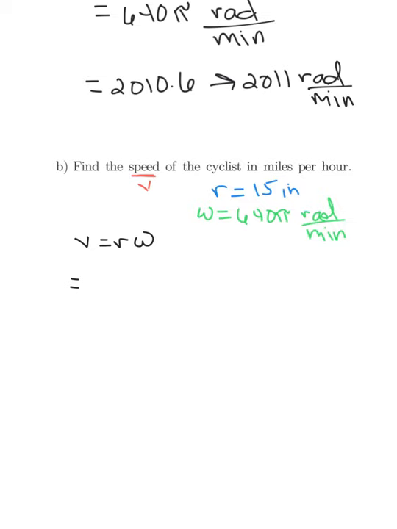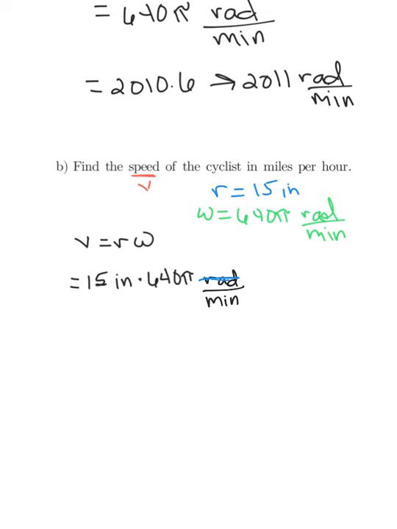Our R is 15 inches. So we're going to have 15 inches, and we're going to take that times 640 pi radians per minute. Well, as soon as we have a unit of length, radians is gone, so that's taken care of.